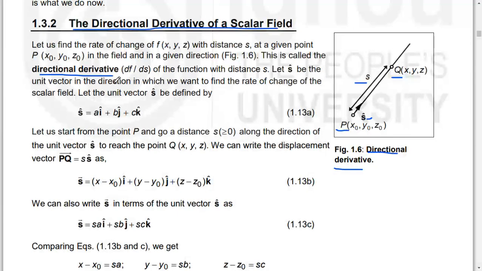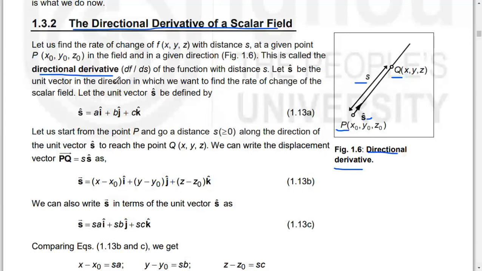Let s cap be the unit vector in the direction in which we want to find the rate of change of the scalar field. Let the unit vector s cap be defined by s cap equal to a i cap plus b j cap plus c k cap. Let us start from the point P and go a distance s greater than or equal to 0 along the direction of the unit vector s cap.